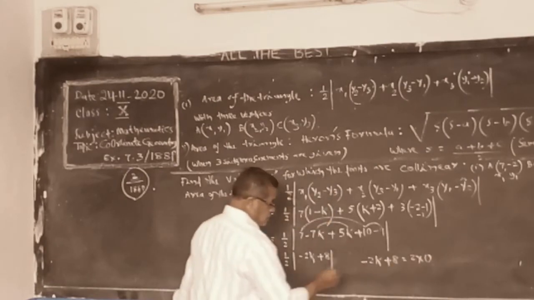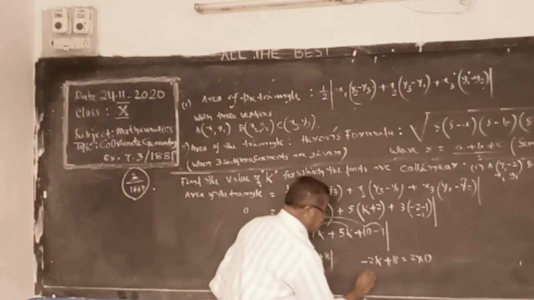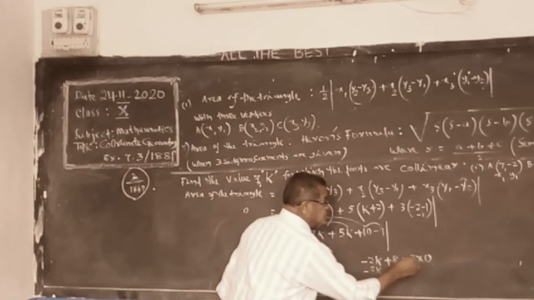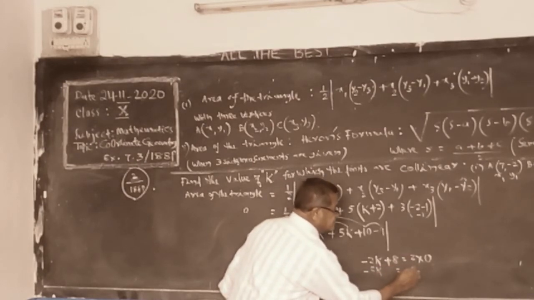The plus 8 goes to the other side as minus 8, so minus 2k equals minus 8.